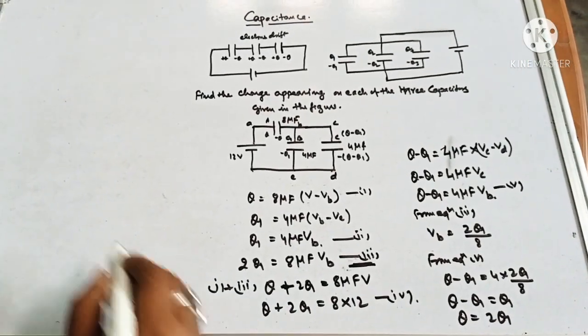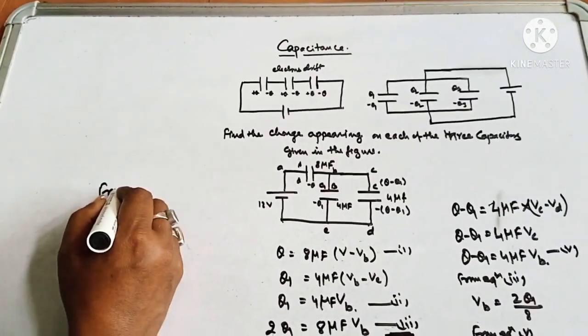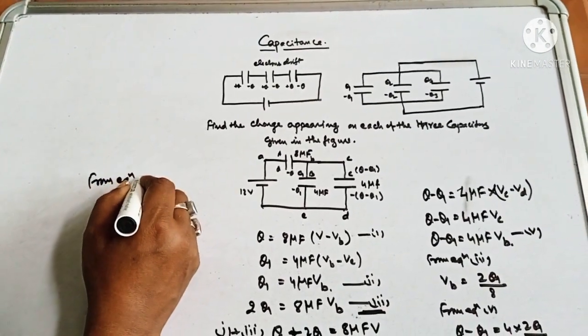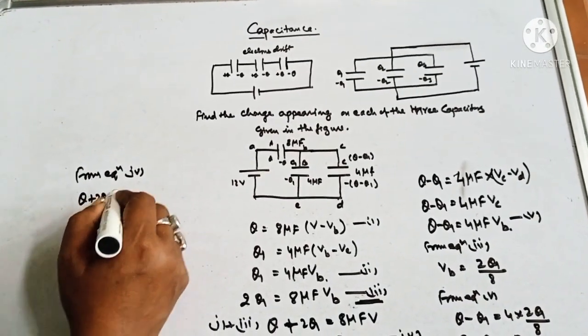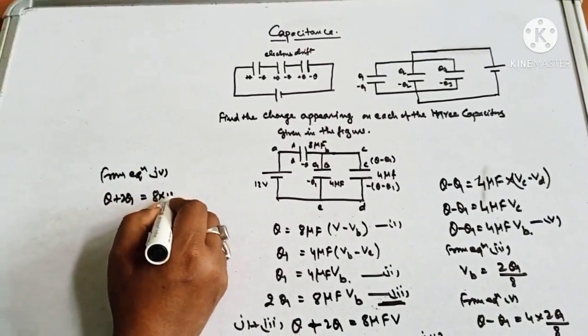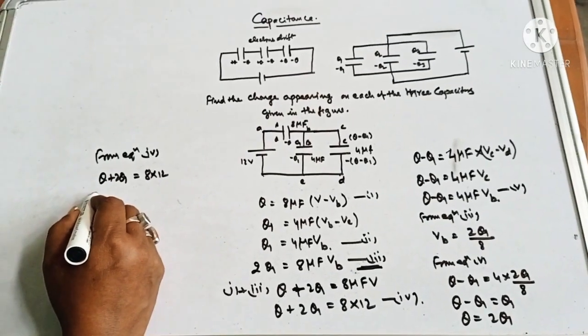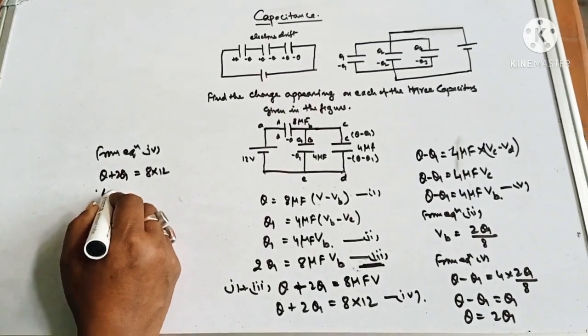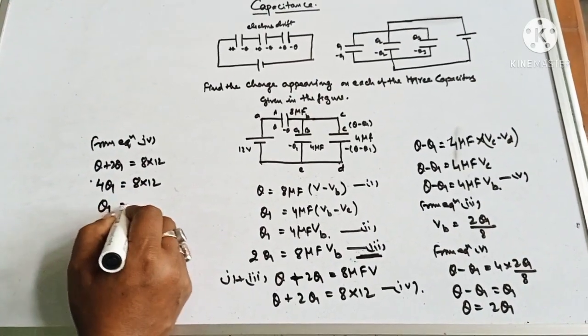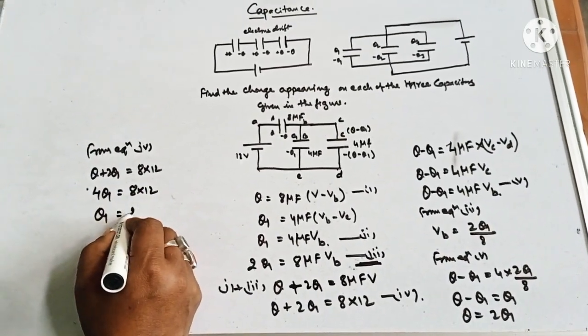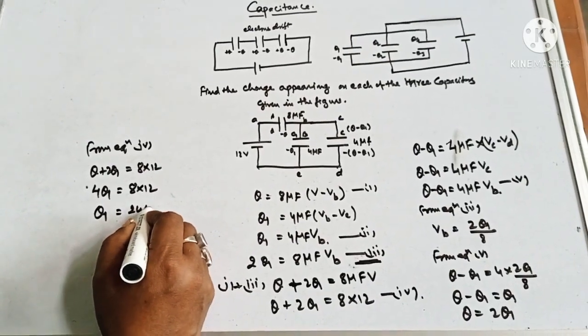Now from equation 4 what I get is Q plus 2Q1 is equal to 8 into 12, so Q is 2Q1, so this becomes 4Q1 is equal to 8 into 12, so Q1 is equal to 24 microcoulomb.